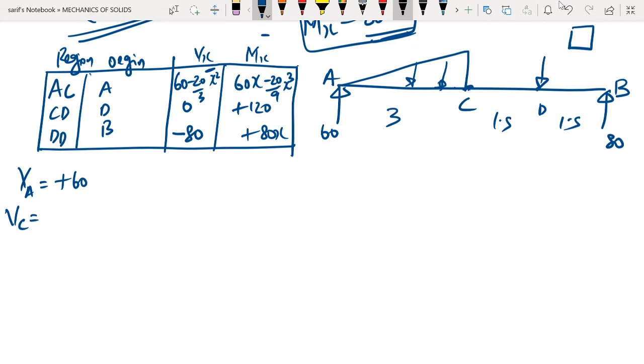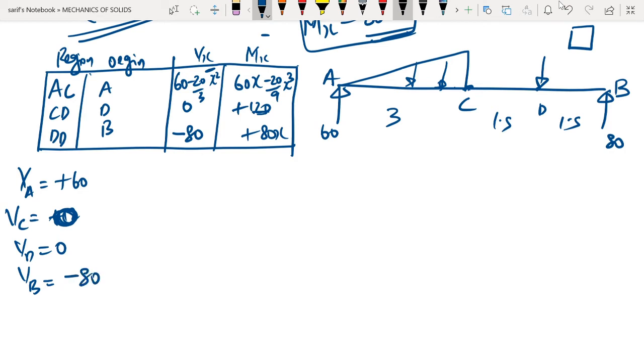So we can take the value of shear force either from AC or from CD. Since we have the value from CD, it is easy to write it from CD, that is, the value of shear force will be 0 at the point C. Similarly at the point D also the value of shear force will be 0, and next we require the value at the last point, the point B. At the point B the value of shear force is minus 80.